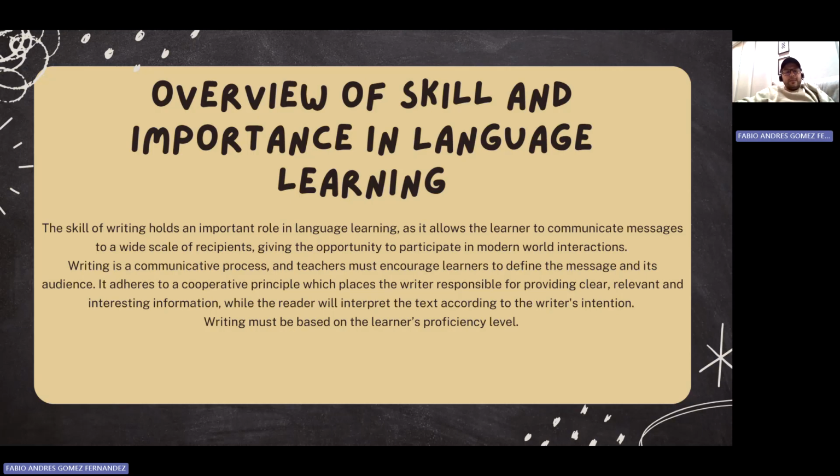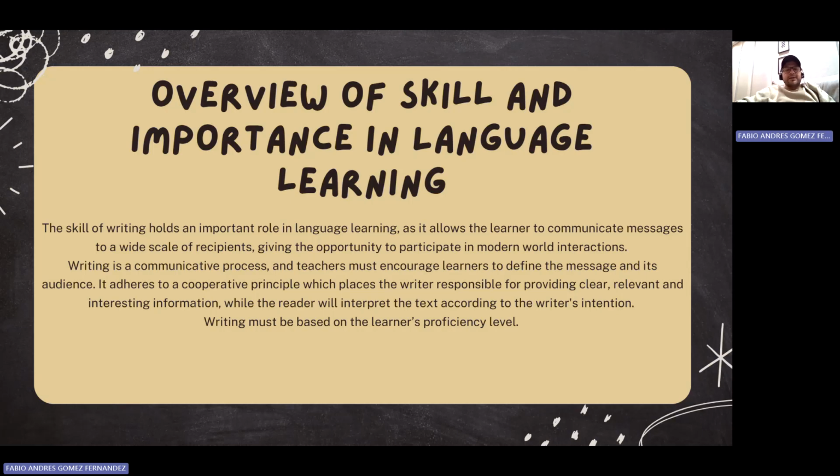This skill has a very important place amongst the other skills because, besides being one of the productive skills, it allows the learner to communicate messages to a different range of recipients, given the opportunity to participate in modern world interactions, which of course is very important if we take this to a different scale, such as our university in which we're going to be working, or also if the learner decides later on to work around the English language as well.